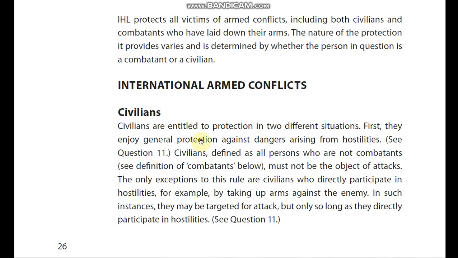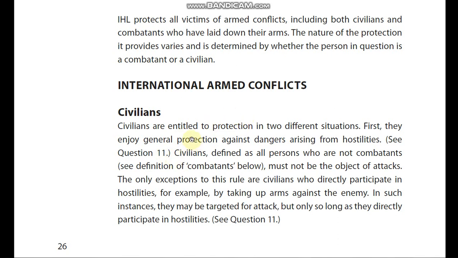Anyway, civilians are the first persons who are protected under IHL in times of international armed conflict. And we know now who the civilian is: a person who is not a combatant. This is in a nutshell.